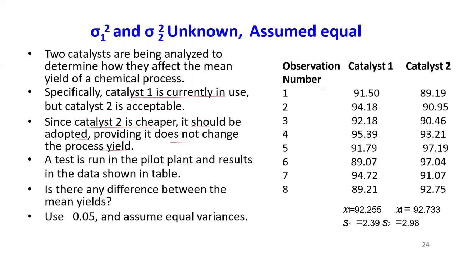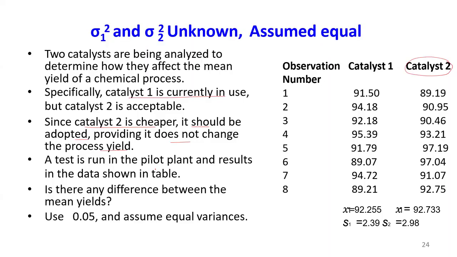So if you are getting the same output from catalyst 2 as from catalyst 1 at a lesser price, then definitely catalyst 2 can be considered. But before making that change, they want to test it.